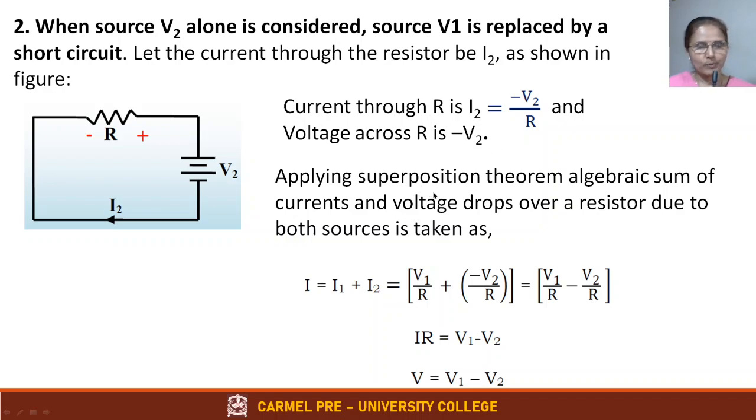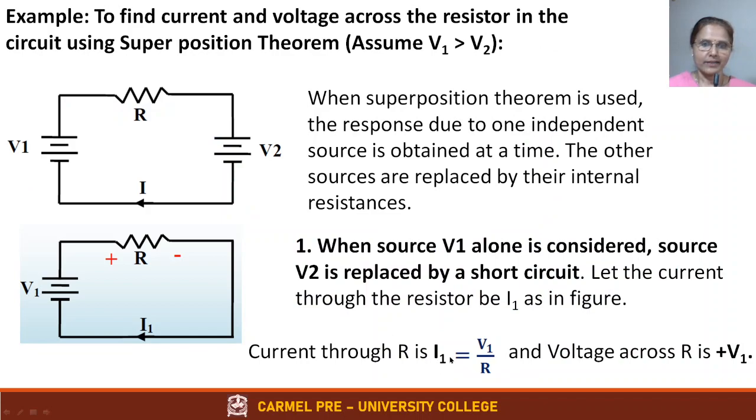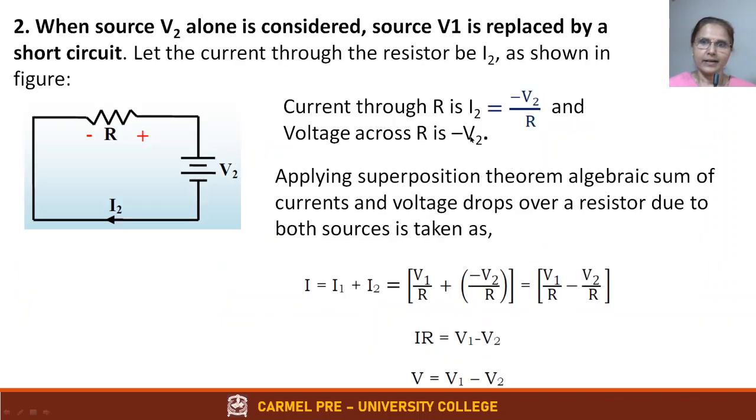So according to superposition theorem, the resultant current and voltage is going to be algebraic sum of currents and voltages due to independent sources. So first one was which we did here, I1 is equal to V1 by R and I2 is equal to minus V2 by R. So the resultant current I is equal to I1 plus I2. So you have to add both of them, V1 by R plus of minus V2 by R, which is nothing but V1 by R minus V2 by R. That is current.